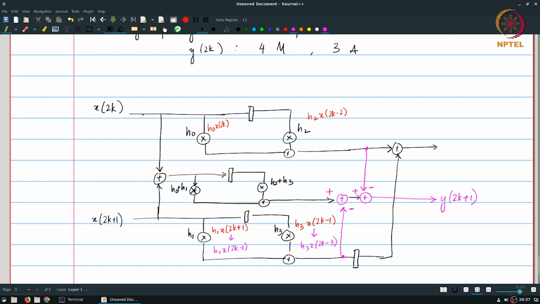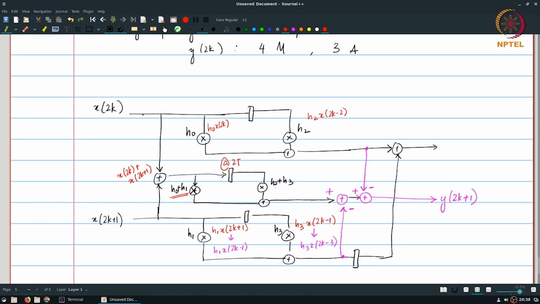How does that come about? Effectively, what we have over here, in other words, is x of 2k plus x of 2k plus 1 multiplied by h0 plus h1, delay at the sample rate of 2t, or the slower time period, which will basically give us this h0 plus h1 multiplied by x of 2k plus x of 2k plus 1 shifted by one sample period, which is x of 2k minus 2 and x of 2k minus 1.